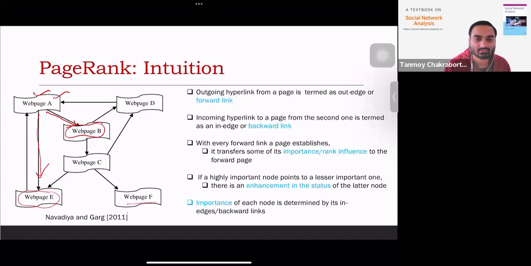So you see there are two decisions. One decision is whether we follow any of the outgoing hyperlinks that are present on the web page and move to the subsequent page, or you just randomly type another URL and open another web page. These are the two decisions, right? You choose either of them.